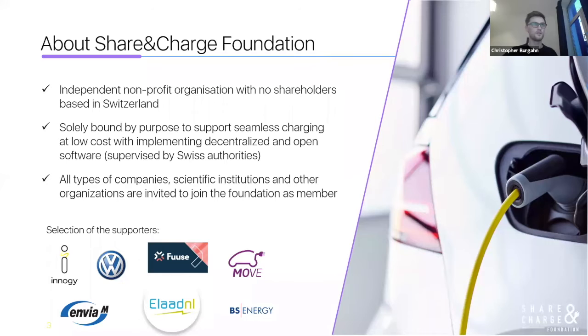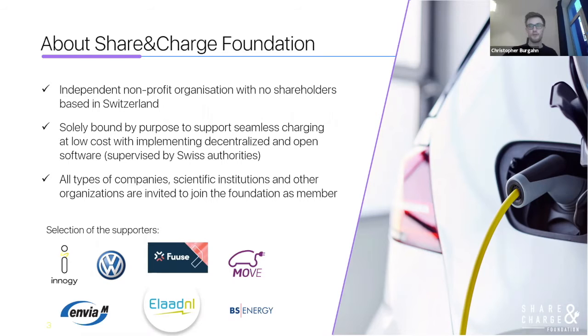Some first slide about the Share&Charge Foundation, quick intro. We are a nonprofit for the mobility industry, developing IT solutions, and very specifically the open charging network. And we have various supporters out of the industry that are testing out the technology, using it, and we are open for anyone to join.